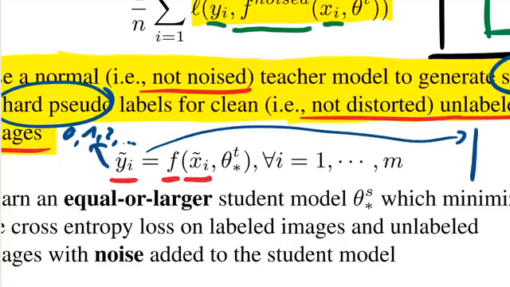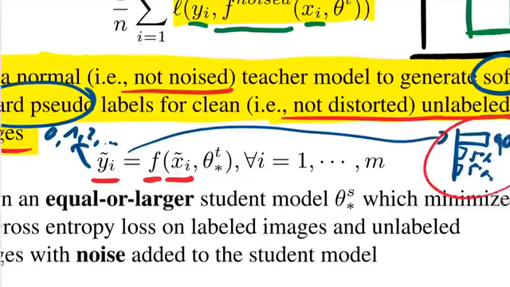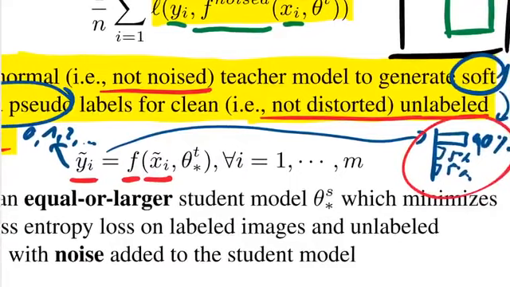So instead of being of class 0, it will be sort of, let's say, 90% of class 0, but also 5% class 1 and 5% class 2. Right. So you'll output the distribution instead of just the label. And they have found that the soft pseudo labels work slightly better than the hard pseudo labels.